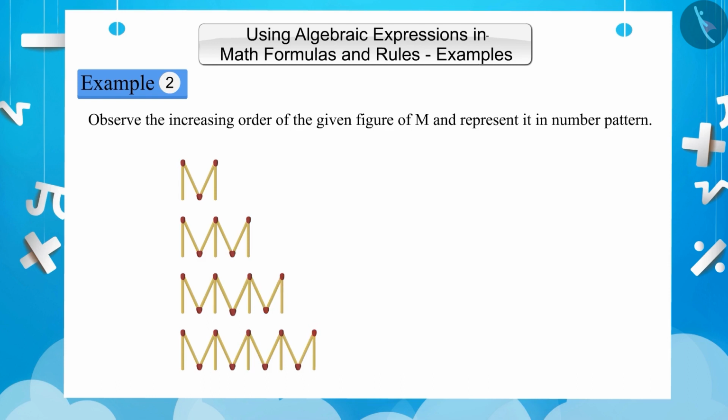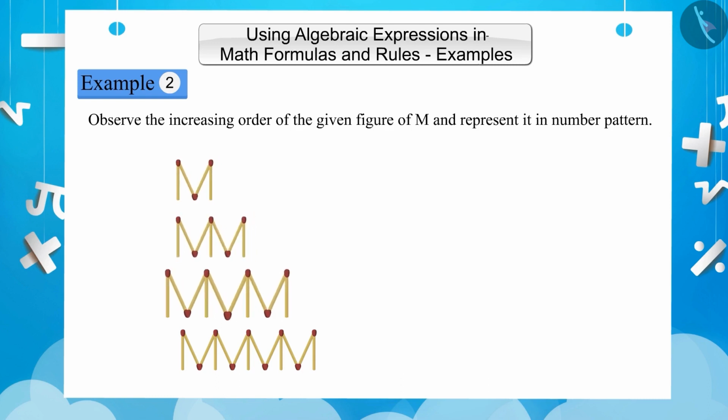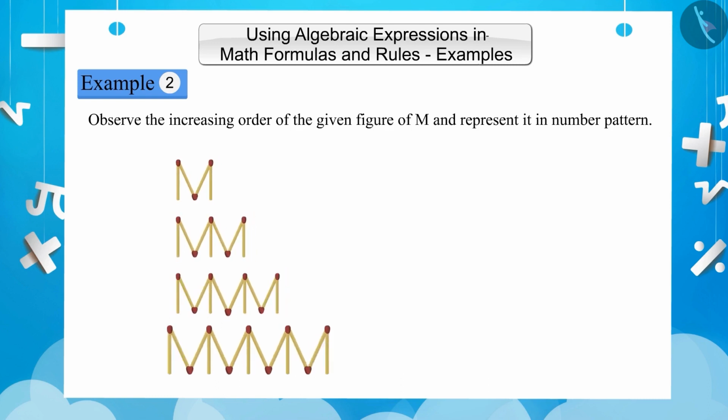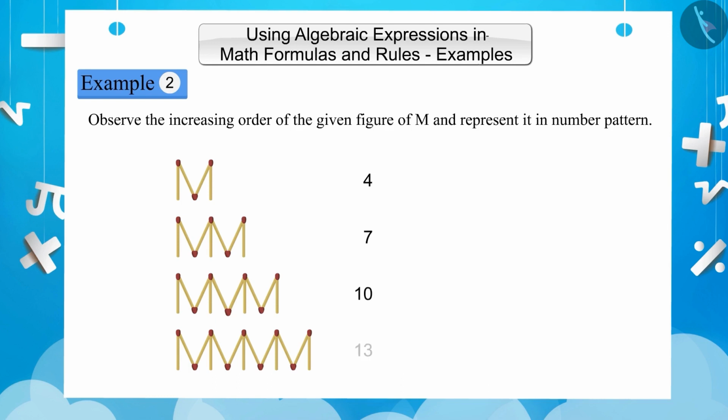As we can see, the first M has 1 additional matchstick in comparison to the rest. To make a number pattern of the increasing order of the shape of given M, if we consider the number of matchsticks as a term, we can see that 4 matchsticks in the first figure, 7 in the second, 10 in the third, and 13 in the fourth have been used.